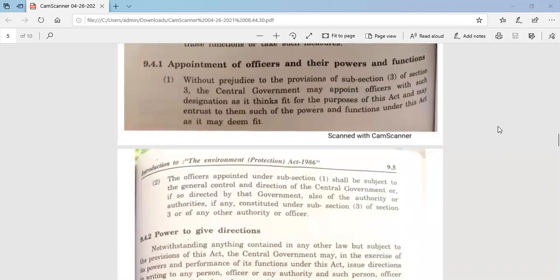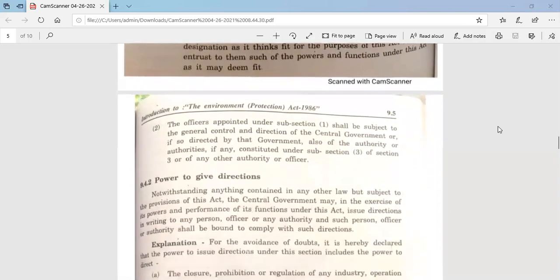Next is the appointment of officers and their powers and functions. So first, without prejudice to the provisions of sub-section 3 of section 3, the central government may appoint officers with such designations as it thinks fit for the purpose of this Act and may entrust to them such of the powers and functions under this Act as it may deem fit.